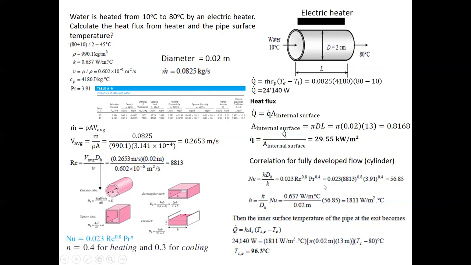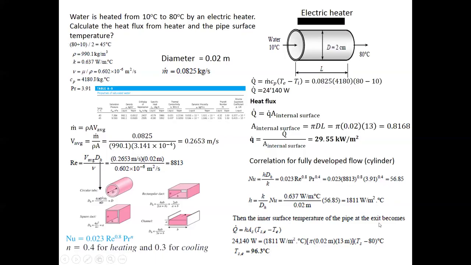We plug in all the related parameters that it requires, so basically Reynolds number and Prandtl number. So this is the Prandtl number. You get 56.85, and the Nusselt number is equal to hd over k. We rearrange this equation, and then you get the heat transfer coefficient. Okay, this is the value of the heat transfer coefficient. It's very high because of forced convection.